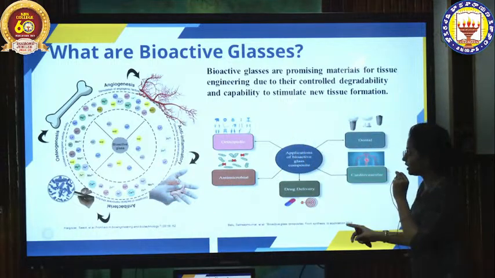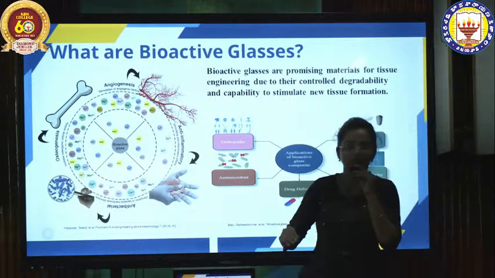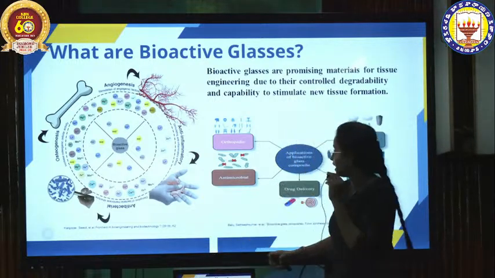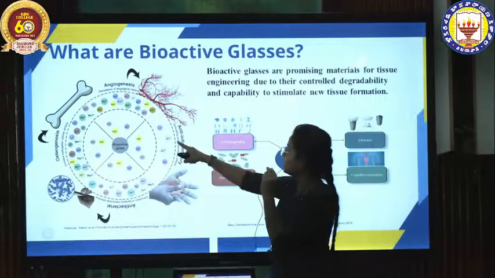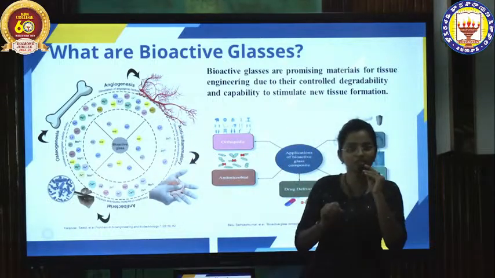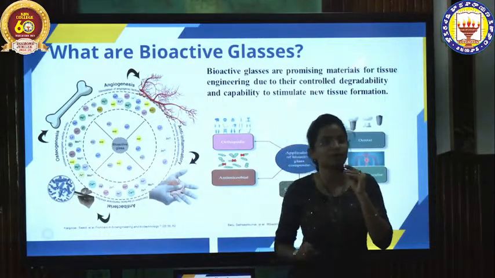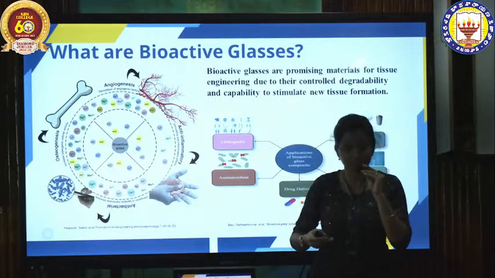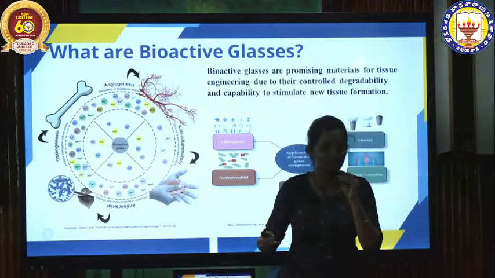So they should be biocompatible, they are bioactive, and they have properties such as angiogenesis. Angiogenesis is a term which refers to the formation of blood vessels.